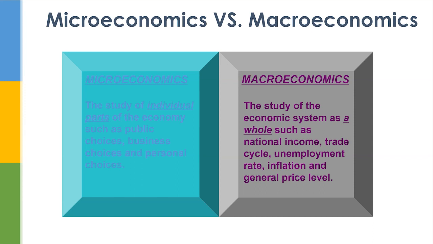Jadi kalau you tengok, perhaps if you ever read any magazines, maybe something yang related to the economy, mungkin you pernah dengar perkataan GDP, which is gross domestic product, GNP, gross national product. Okay, inflation rate, unemployment rate, general price level going up, going down, that kind of thing. So itu adalah macroeconomics. Dia tengok dari segi sudut besar. Macam let's say GDP of Malaysia for construction is 4%, something like that.